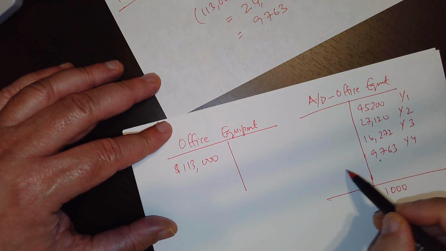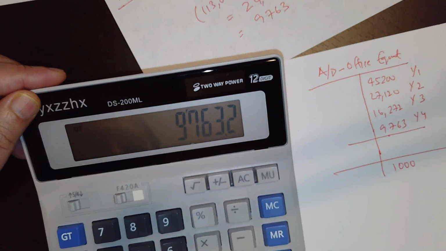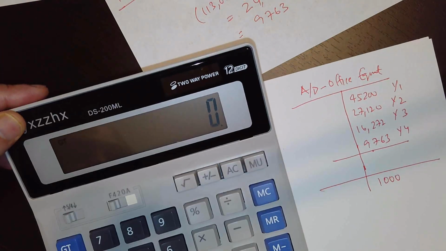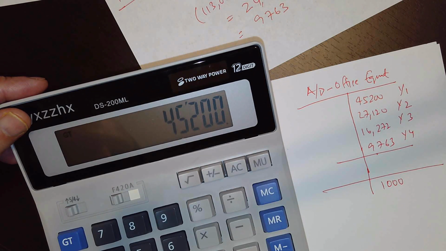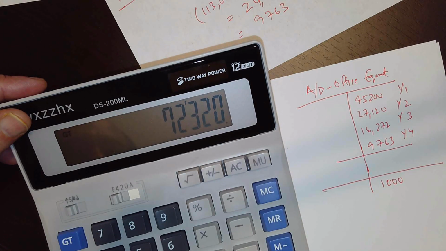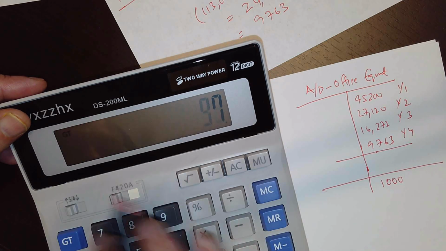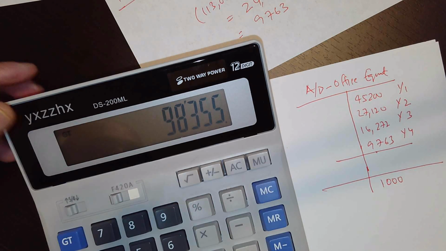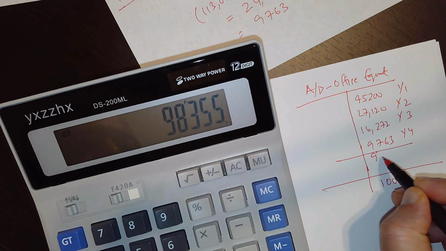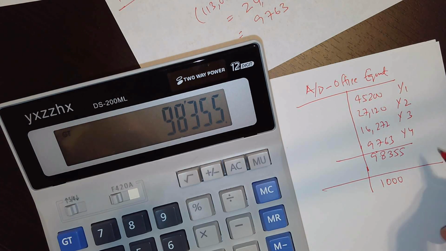So first you have to calculate all 4 of them. You start with 45,200 plus 27,120 plus 16,272 and then 9,763. So your total turns out to be 98,355. So what should be your year 5 depreciation?